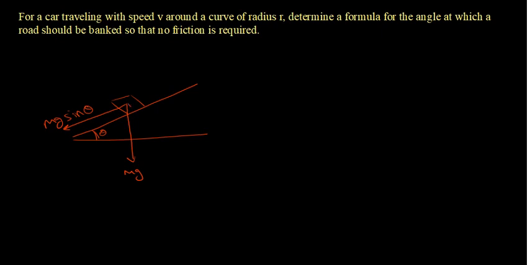This one here was the mg cosine, or the y component of the weight, which was the opposite to the normal force generated by the surface.